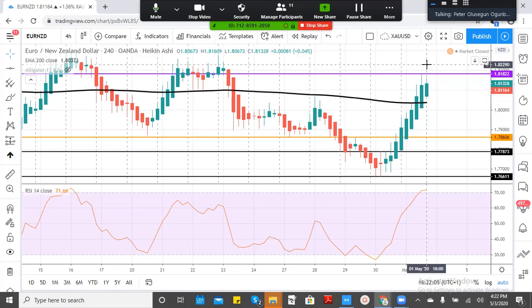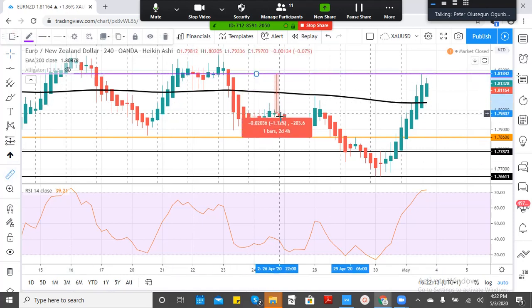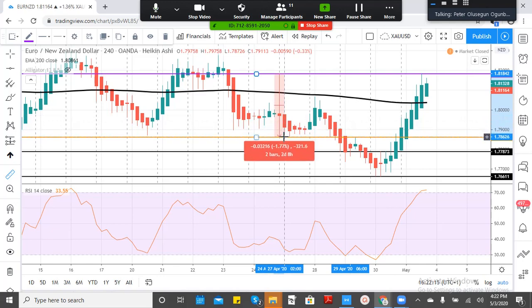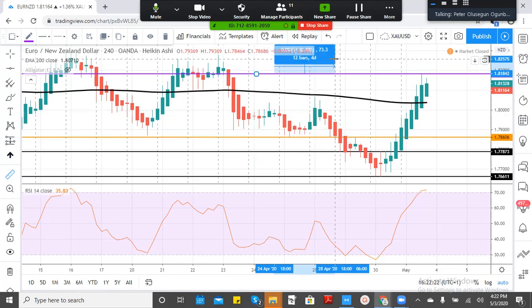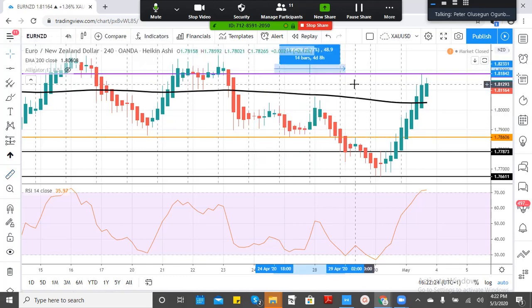Price will just move and move back and get to this point again, and it will draw you into how many pips negative? Almost 321 pips negative before making a move up. And that 321 is enough for you to lose money. Trust me, it's because you are not trading correctly.